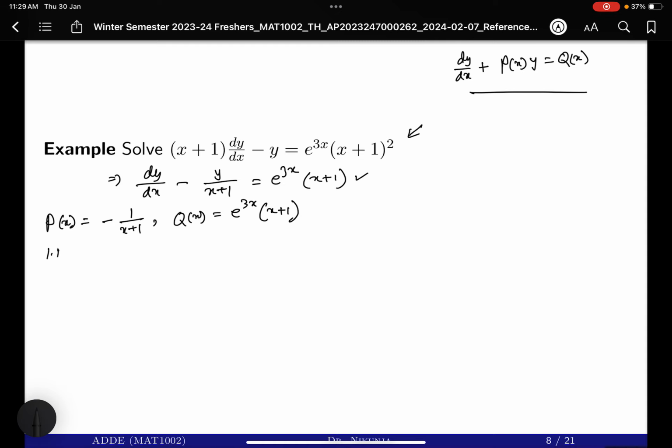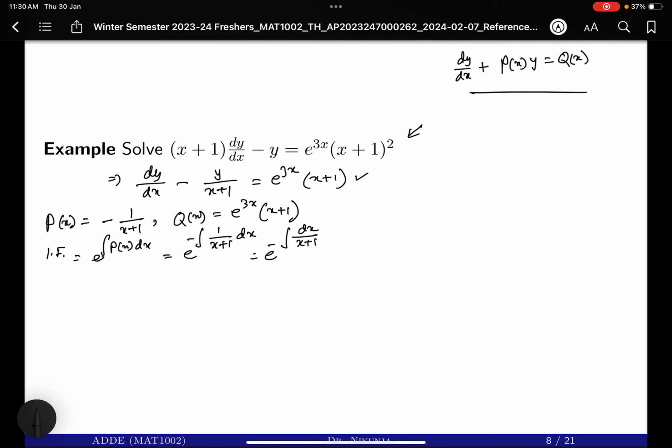So what is the integrating factor? e^(∫P(x)dx), so here e^(−∫dx/(x+1)).